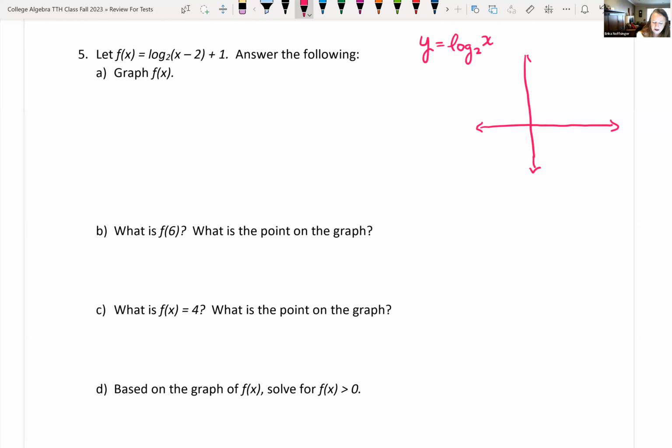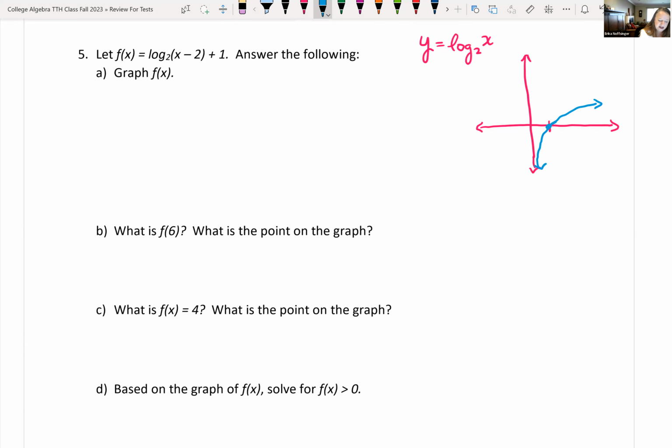Our base is greater than 1 of our log, and so our graph looks similar to this. So it's going to cross at 1, 0, and we have a vertical asymptote at x equals 0.